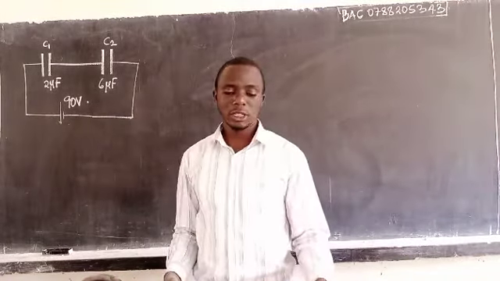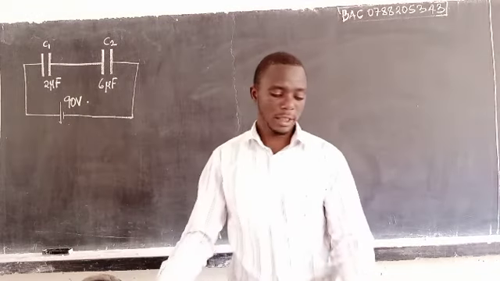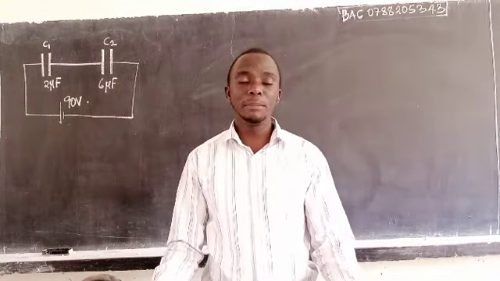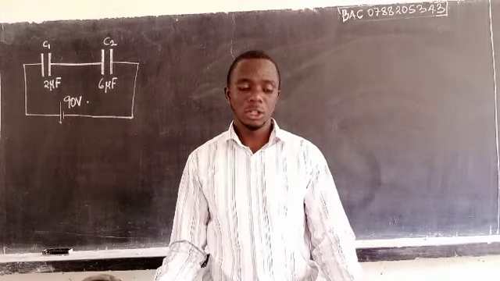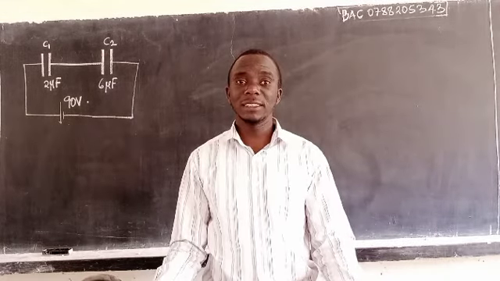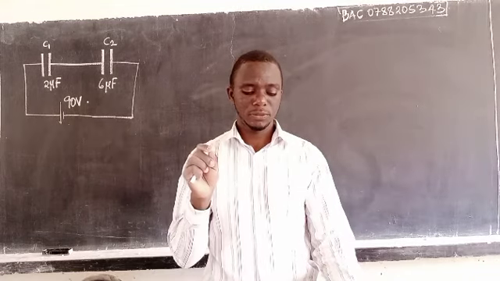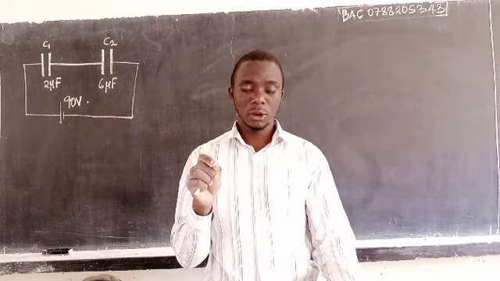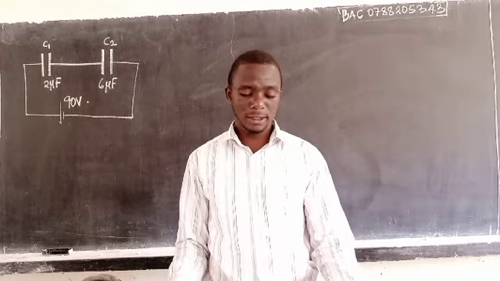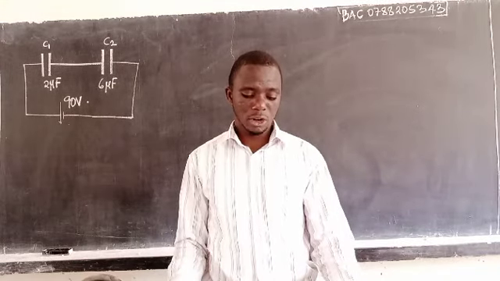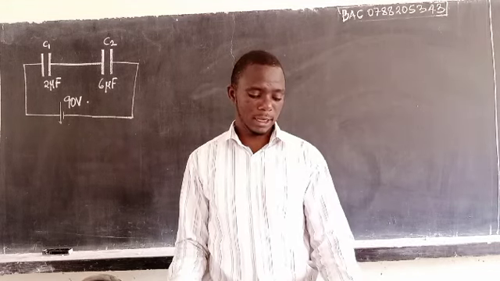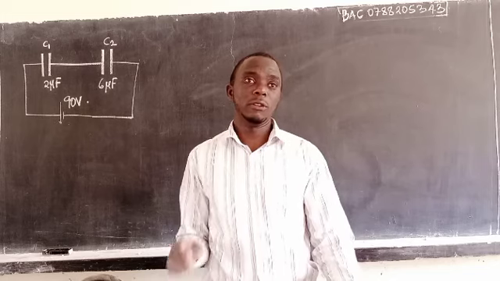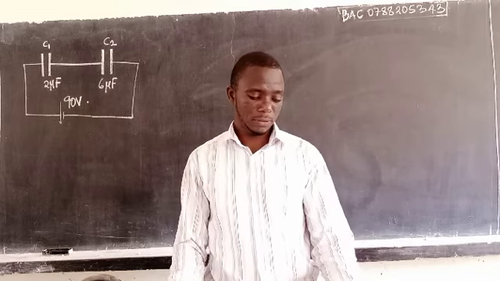We are just beginning, and feel free to write this down. In the figure below, two capacitors of capacitances C1 and C2 of 3 microfarads and 6 microfarads respectively are connected across a 90 V DC supply.